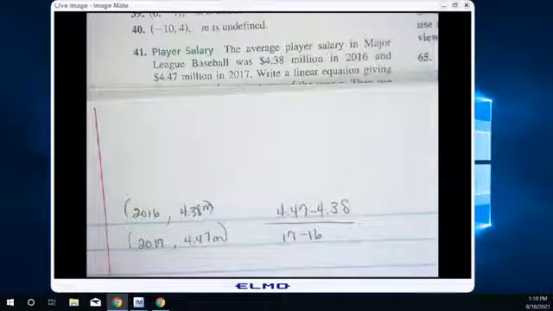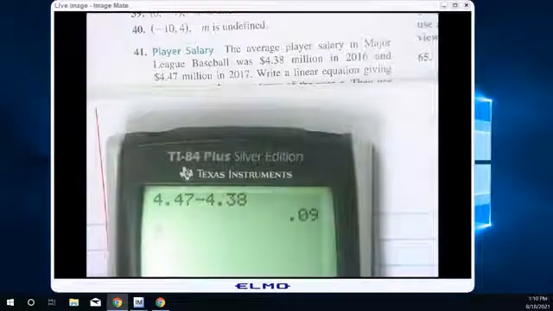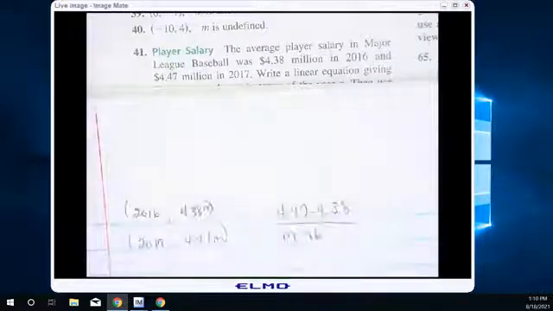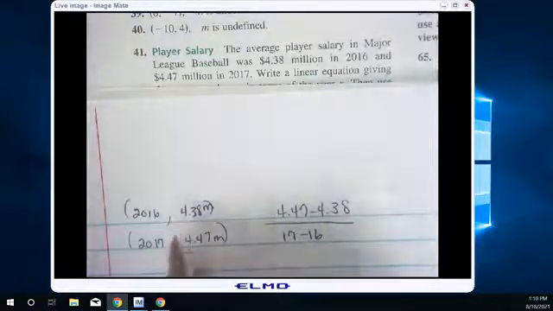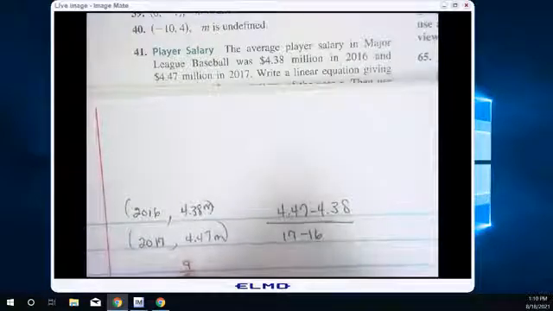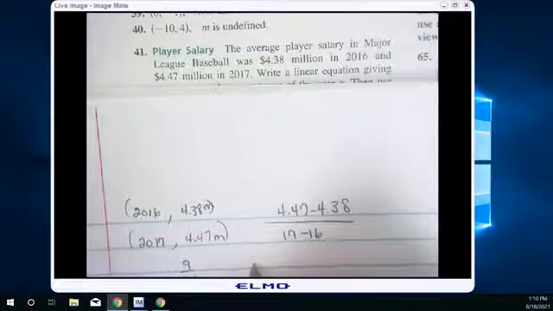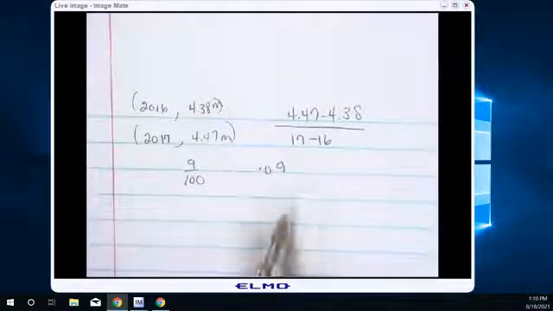All right, so 4.47 minus 4.38 is 0.09. What is 0.09 over 1? 9%, yeah. So you can write it as a fraction. You can leave it as a slope. Now, that's in decimal form.